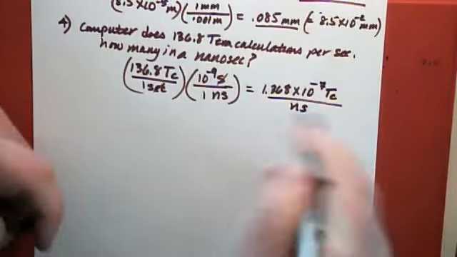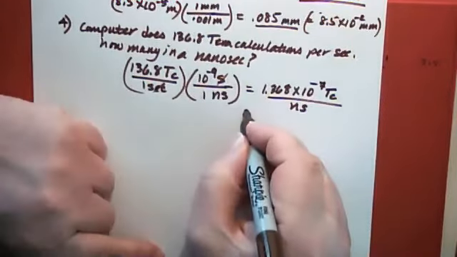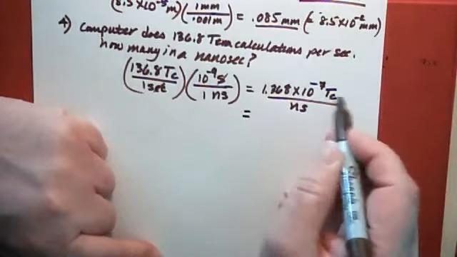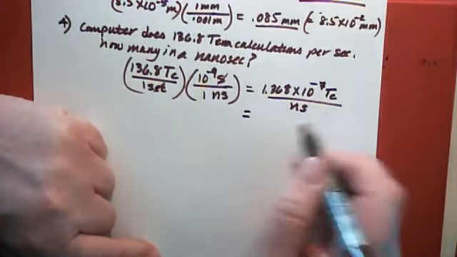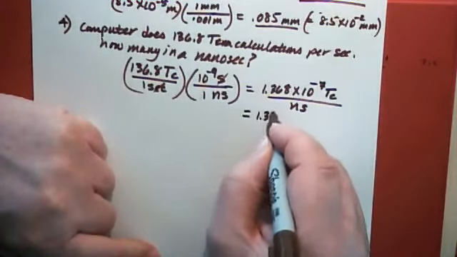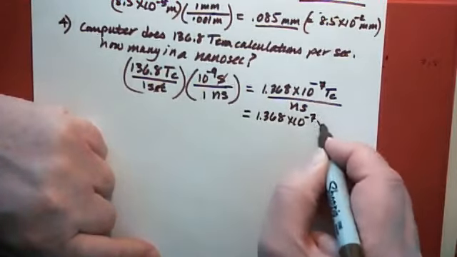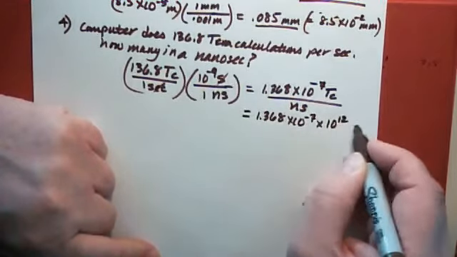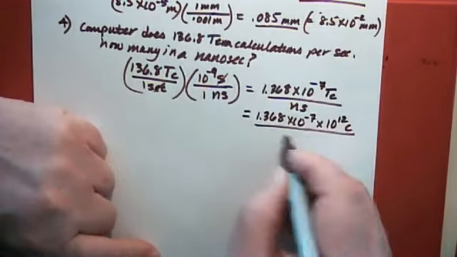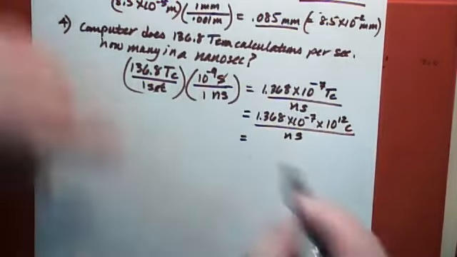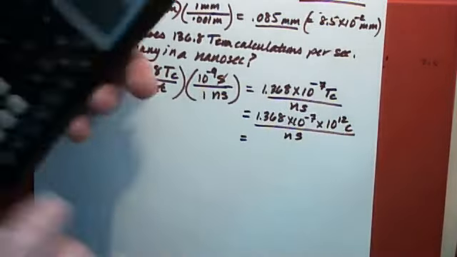Okay, so this is kind of an awkward way to report it. So we could replace tera with its metric prefix meaning. Tera itself means 10 to the 12 calculations per nanosecond. And so this might make the number a little more reasonable.